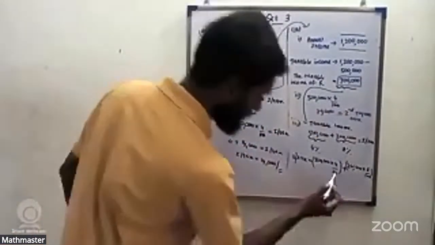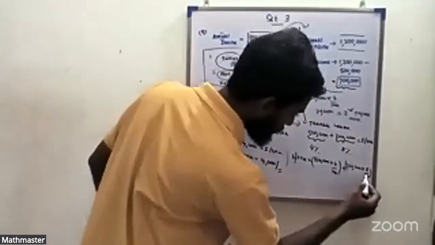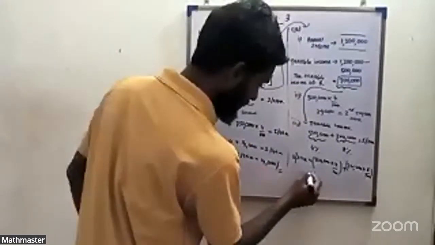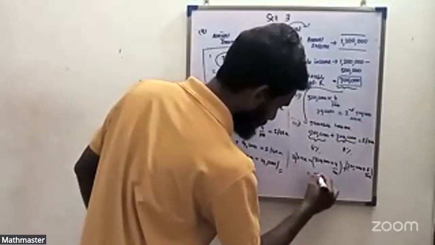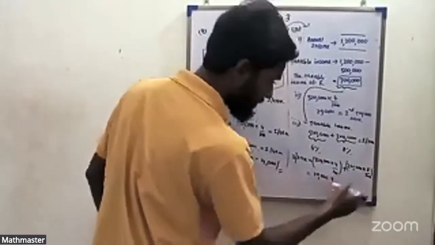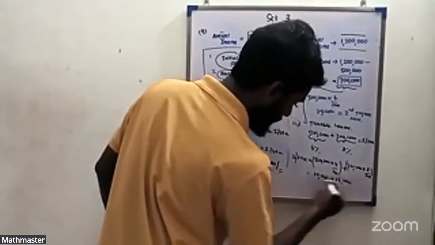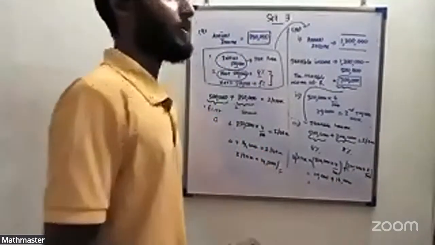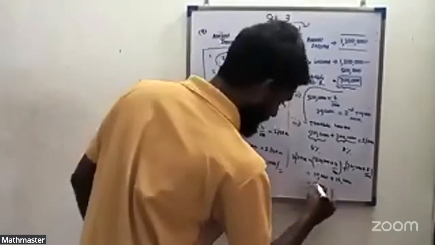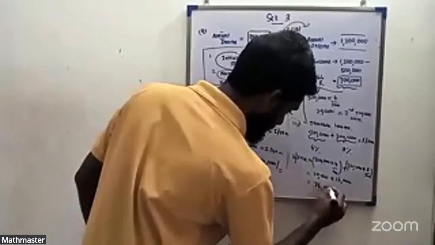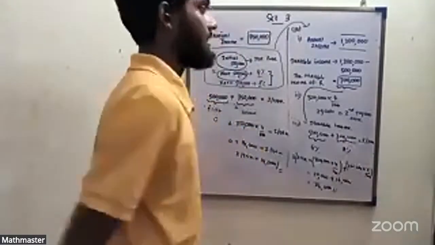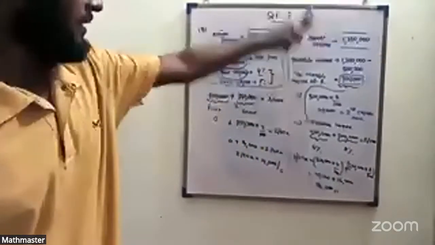Now you can cancel. 2020 cancels, 2020 cancels. 5,000 into 4 is 20,000 plus 2,000 into 8 is 16,000. So 20,000 plus 16,000. 20 plus 16 is 36. 36,000 is the total income tax that he has to pay for this question.